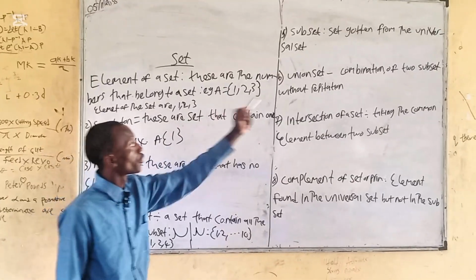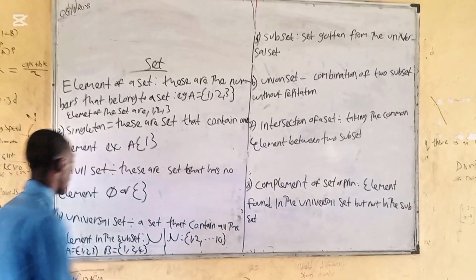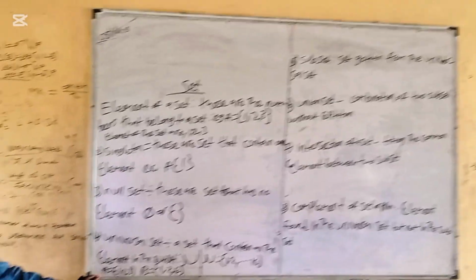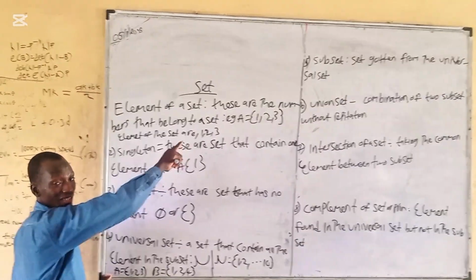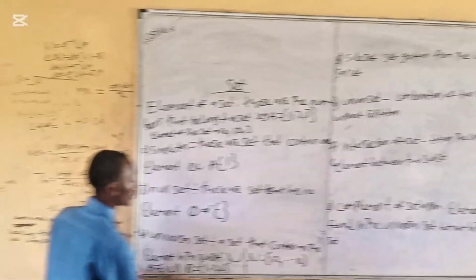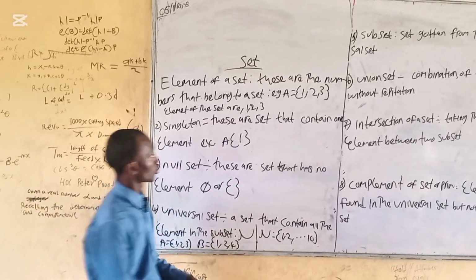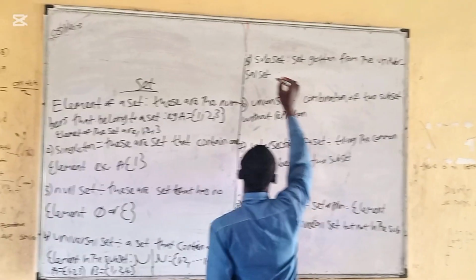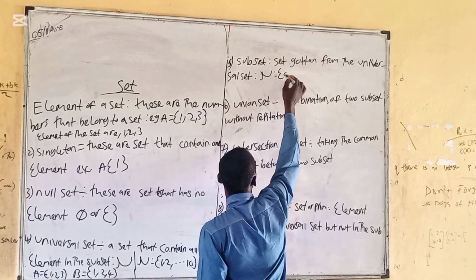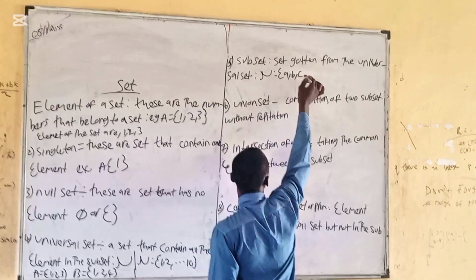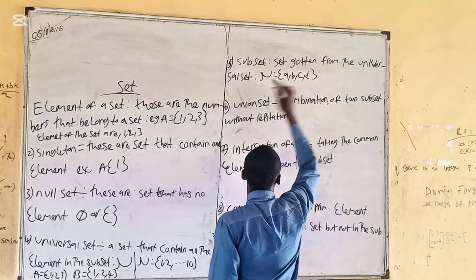Now, subsets. A set got from a universal set. We do this example. Now, remember, a subset is a set got from the universal set. This set is gotten from this universal set. That's what I call a subset. Now we can see our universal set, something like this, is giving us A, B, C, D. Then these are the universal set.